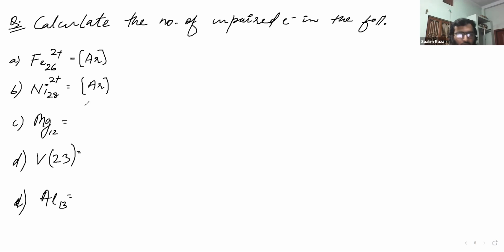Otherwise, you must know how to make a periodic table. You must have some kind of mnemonic to write down the whole periodic table.